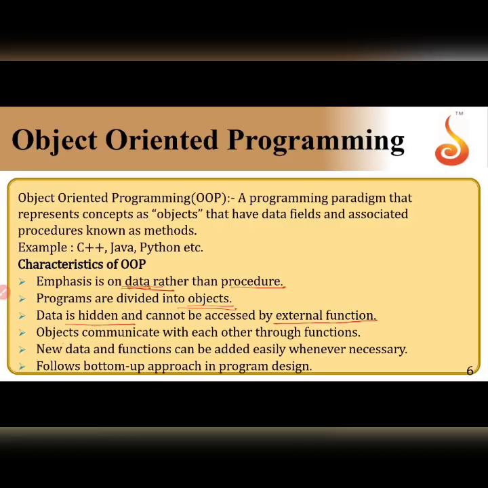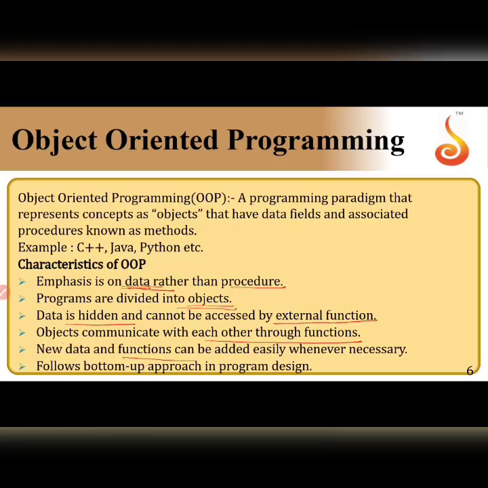Objects communicate with one another through functions. The communication, or the message passing, happens with the help of objects. For example, if you have an existing application, you can add additional features to it. You need not rewrite the entire application; by just adding new data required for that extra functionality, and then adding methods or functions which work on the data, you get the desired result.